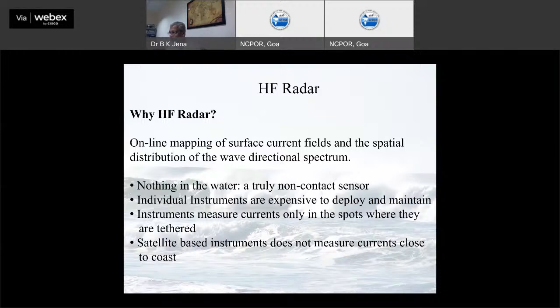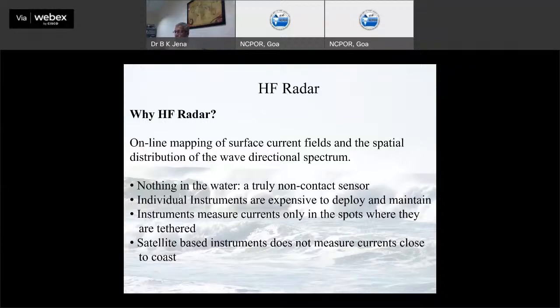You may be aware that for oceanography applications, if we go for current measurement, we have to go with a single point current meter or ADCP. You have to deploy it at a single location, and that requires boats. Then we can get the current information only at that point. Whereas this HF radar can give you the equivalent of thousands of current meters in one system itself.